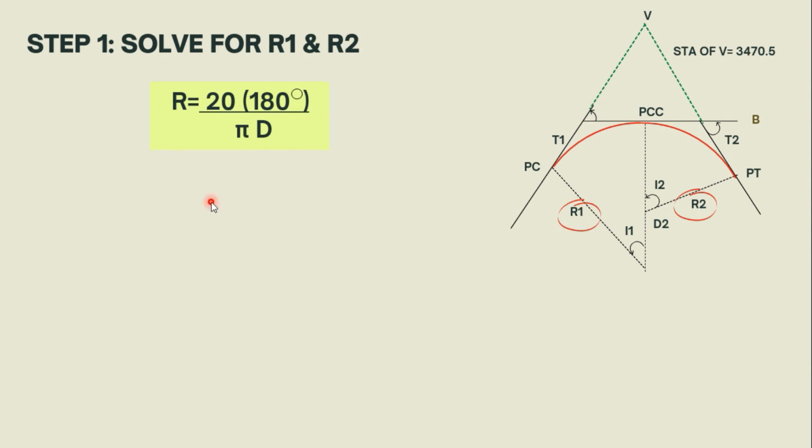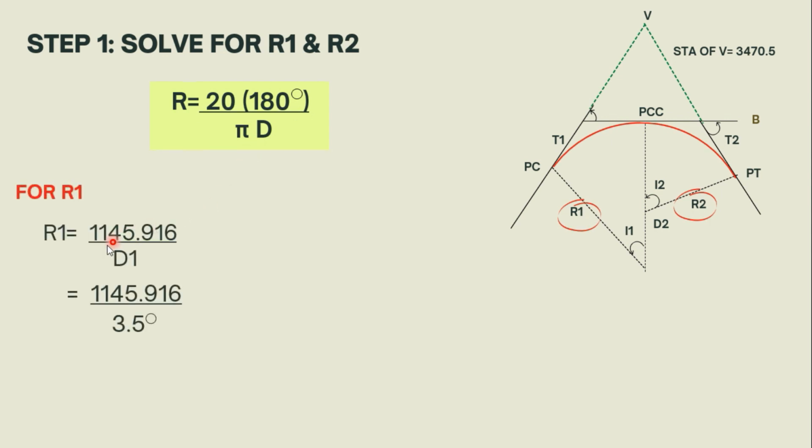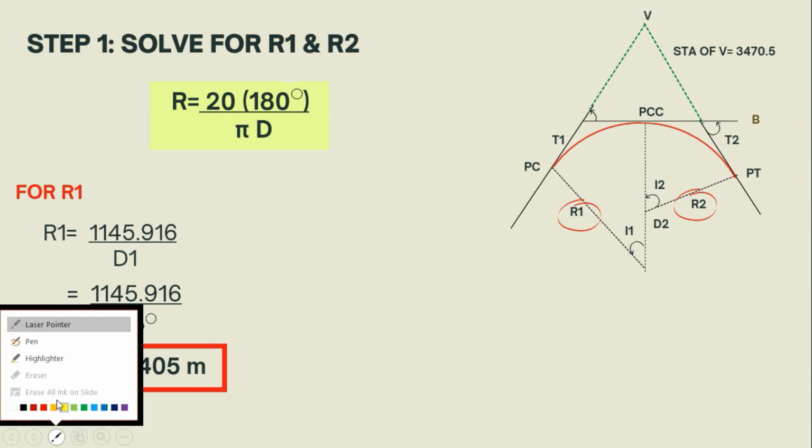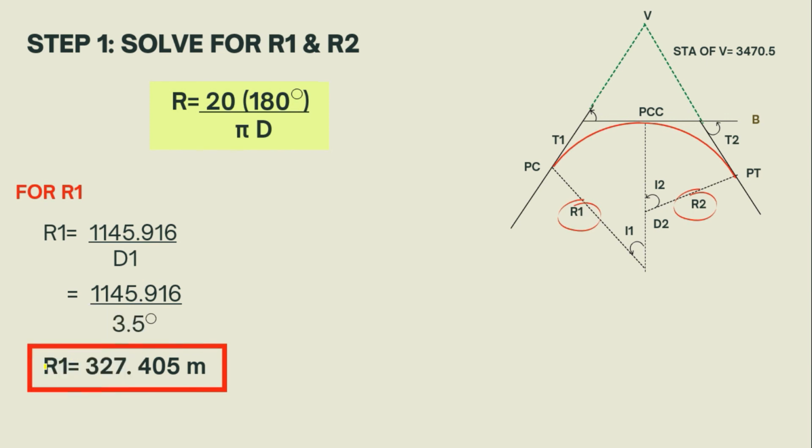To simplify that, R is equal to 1145.916 over D. Since we are given in the problem the degree of the first curve and the second curve, all we have to do is substitute it in the formula for the radius. Then we can get the value. For R1, we have 327.405 meters.